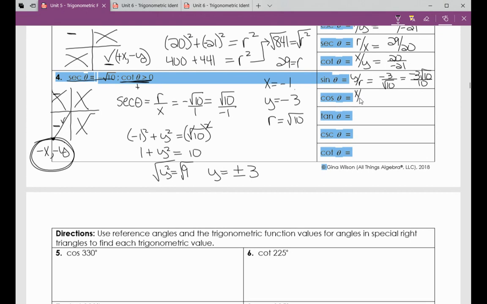Cosine is x over r, so that would be -1 over the square root of 10, which would become negative square root of 10 over 10, and you cannot reduce that. Tangent is y over x, which would be -3 over -1, which is just +3.